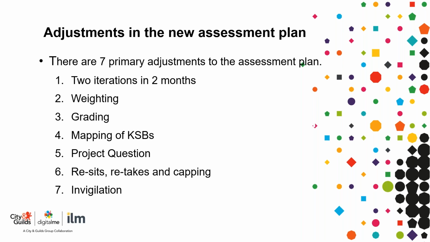Also, the mapping of the KSBs has changed. If you've looked at the new plan, you can see that they're aligned slightly differently. But the key change is around the language. You'll see there's "and/or" rather than how it currently was. Project question. Again, we'll cover that later on.